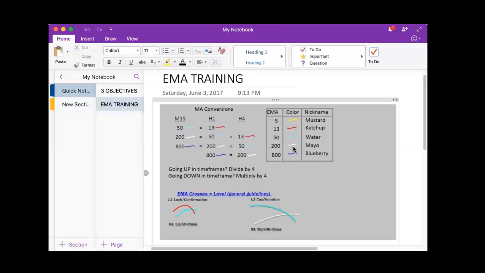Why? Remember when I said price normally bounces off these EMAs? Well, the majority of the time, the price bounces off the 50. So the 50 is very important. And then, of course, you have the 200, and then you have the 800. When the 50 and the 200 cross, again, it signifies a shift in the market.